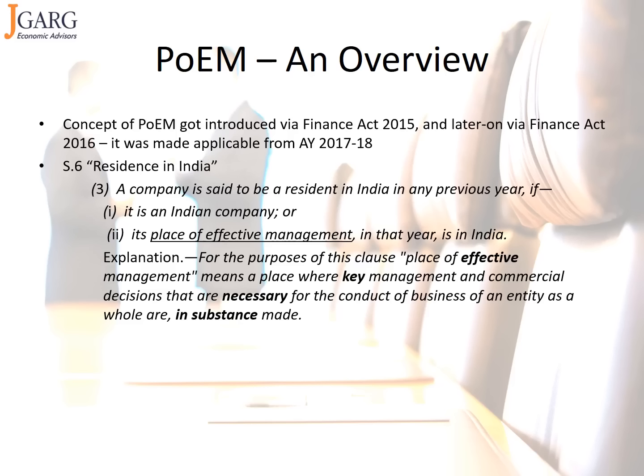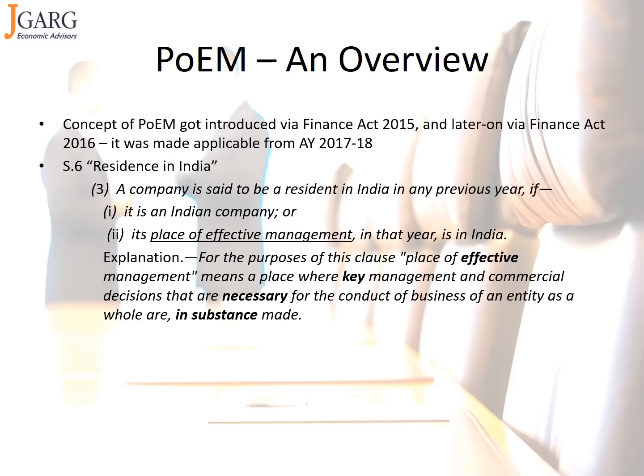So the explanation in subsection 3 says, for the purpose of this clause, place of effective management means a place where key management and commercial decisions that are necessary for the conduct of business of an entity as a whole are in substance made. A very important thing we need to remember while evaluating PoEM is that not every decision, rather certain key management and commercial decisions which are very important, which are necessary for the conduct of a business, matter.